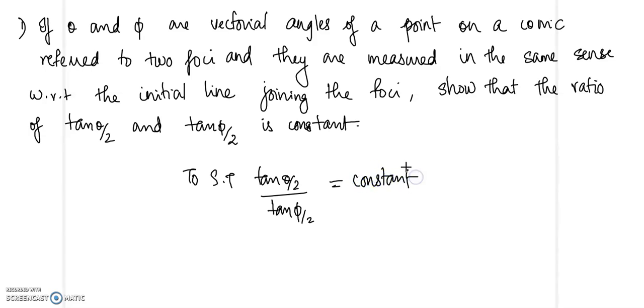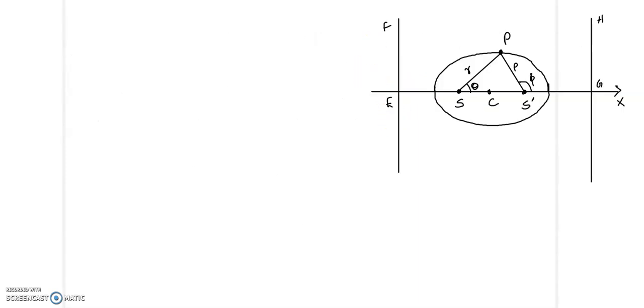So let us see a diagram of what is given. So we have a conic and let us take S and S dash to be the foci.